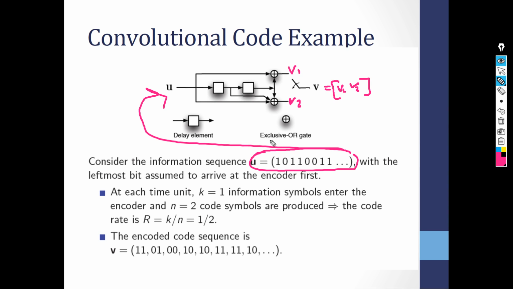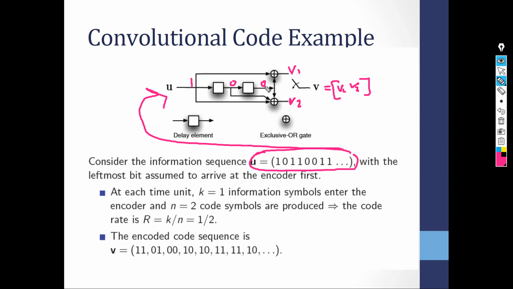So what will you do? Tell me. You will take this bit 1 and push it to the encoder. So you have 1 here. What do you have here? 0. What do you have here initially? 0. Then the output V1, what would be the value of V1?